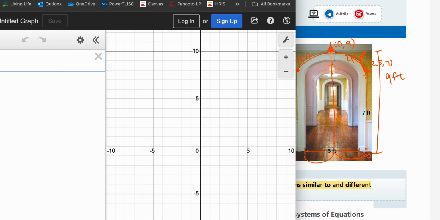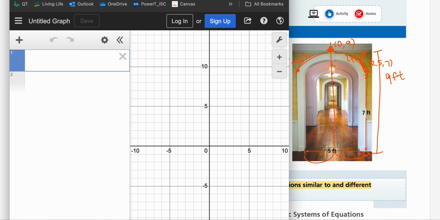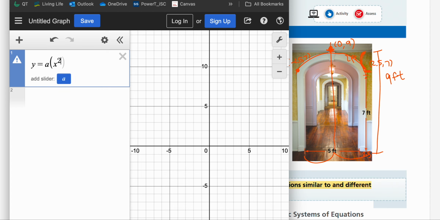Okay, so then we have y equals, we don't know what a is, a times x squared minus 0, plus k, right?